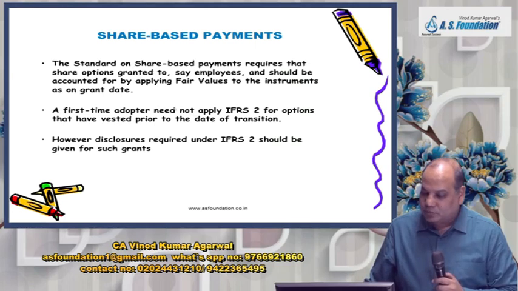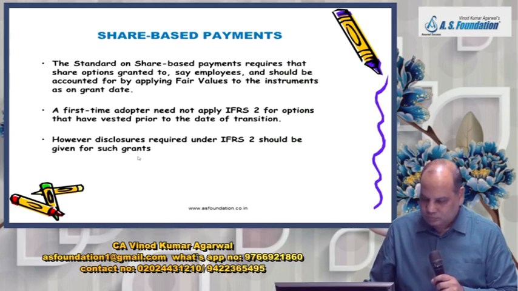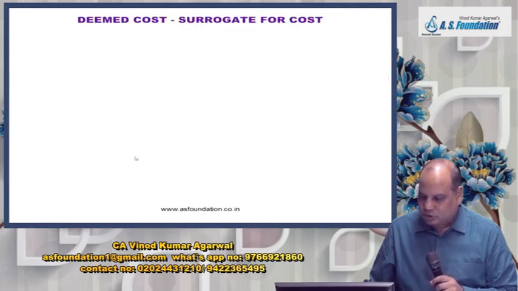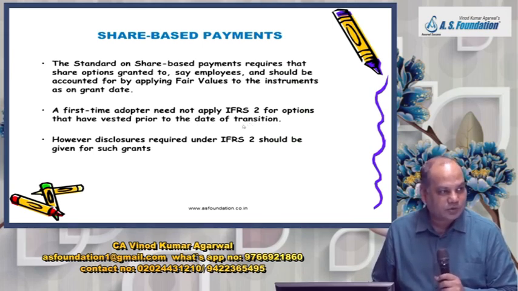A first-time adopter need not, meaning may or may not, apply IFRS 2 for options that vested prior to the date of transition. However, the disclosure requirement under IFRS 2 shall be given for such grants. Only those options which are outstanding, which are unvested, will be accounted for under IFRS 2.